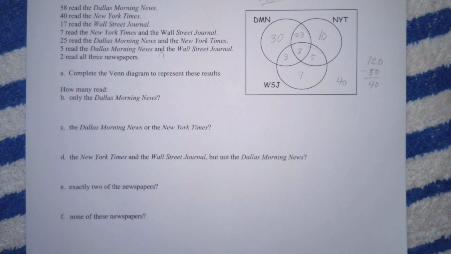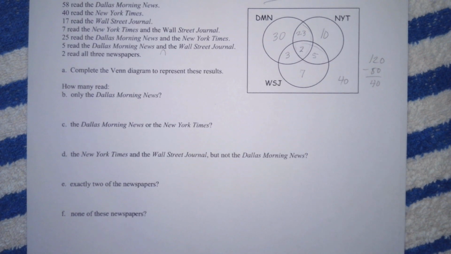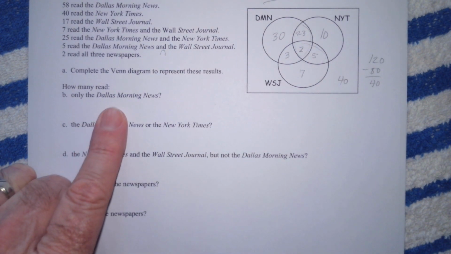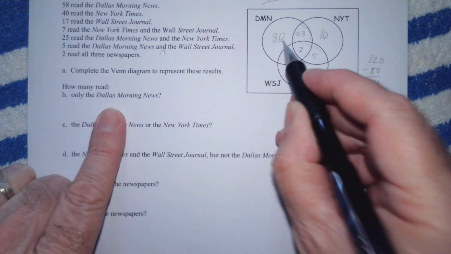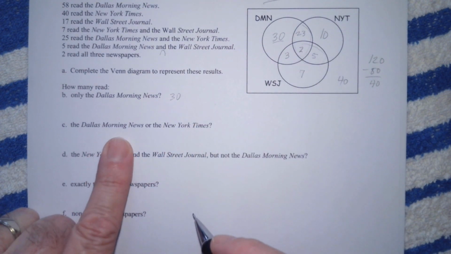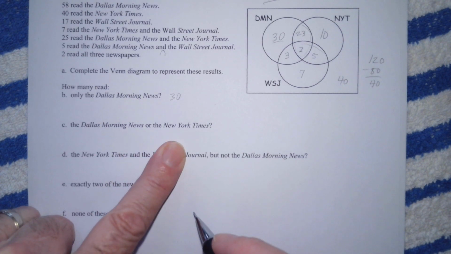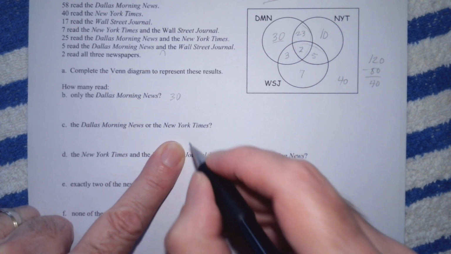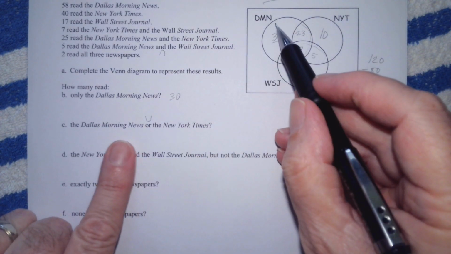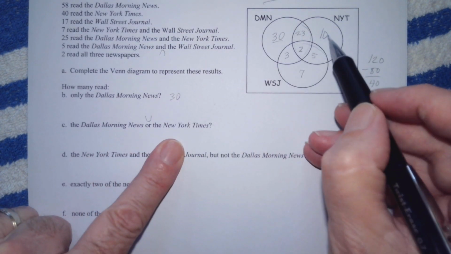So I'm going to move this up a bit. It says, how many read only the Dallas Morning News? Well, that would be these guys. So there's 30. How many read the Dallas Morning News or the New York Times? Sorry, I got a printer going on here. So again, we're going to union the Dallas Morning News and the New York Times.